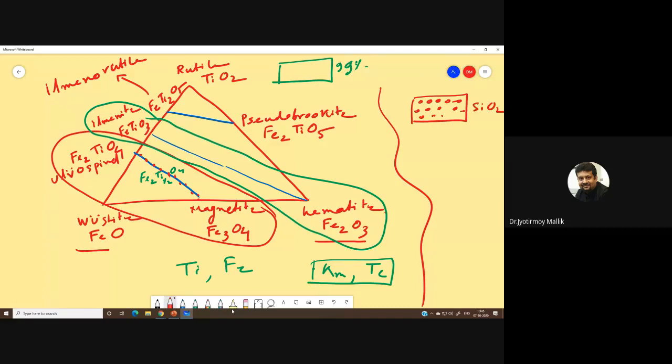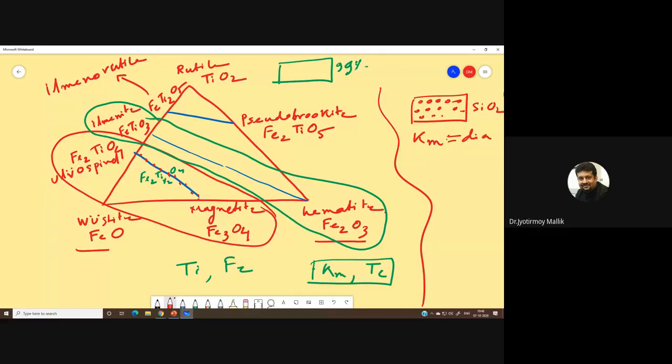In general, what bulk susceptibility will the sandstone give? What type of bulk susceptibility will it give? Can someone tell me? Negative. Negative, right? So it will behave as a diamagnetic mineral, a diamagnetic rock.